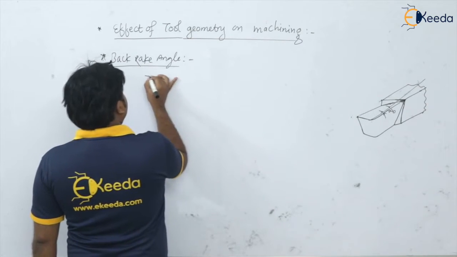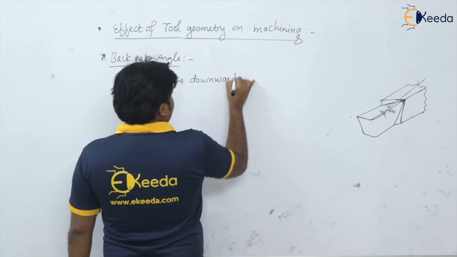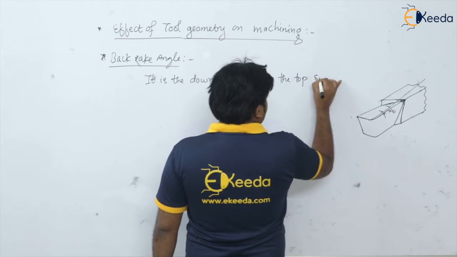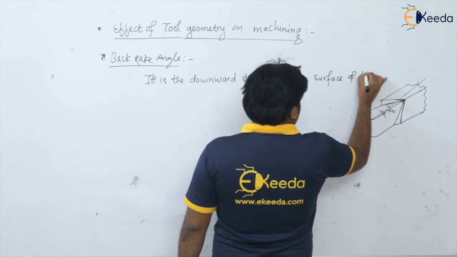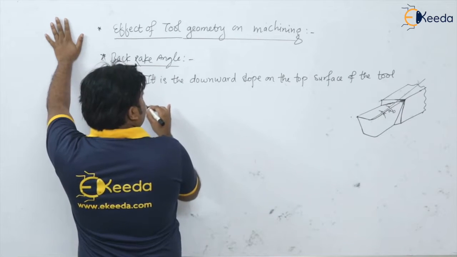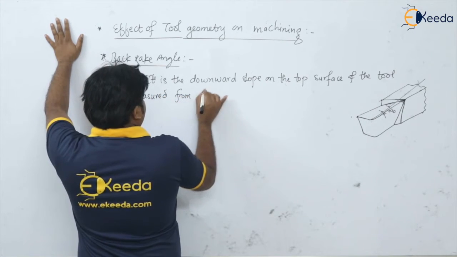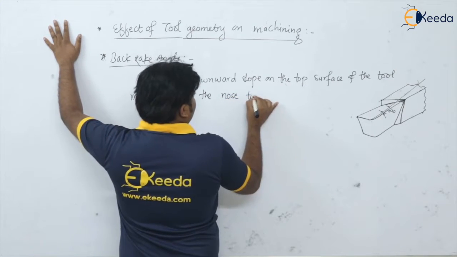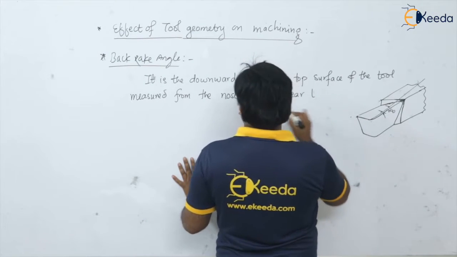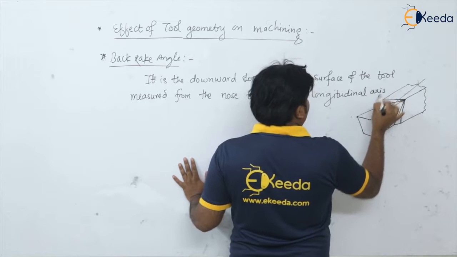It is the downward slope on the top surface of the tool, measured from the nose to the rear, along the longitudinal axis, isn't it?